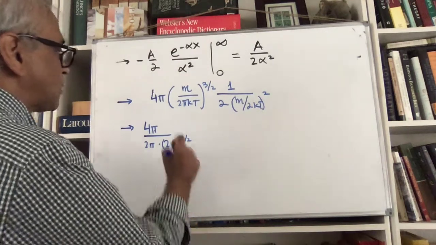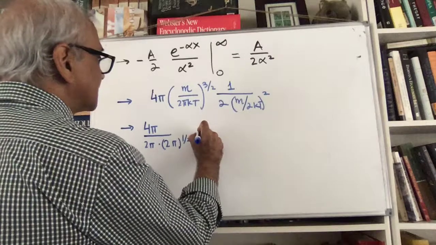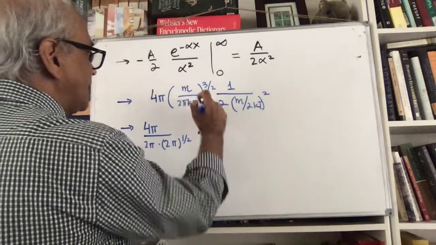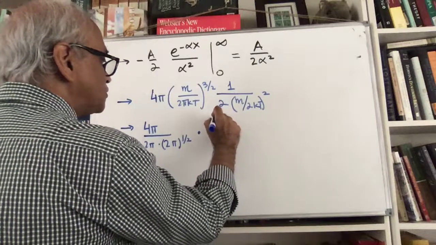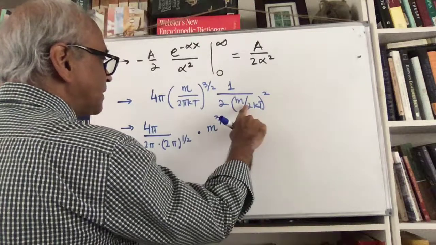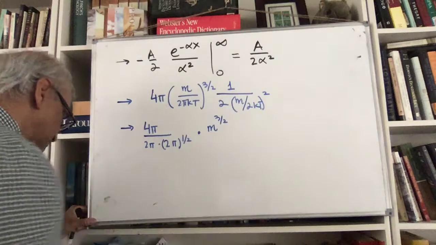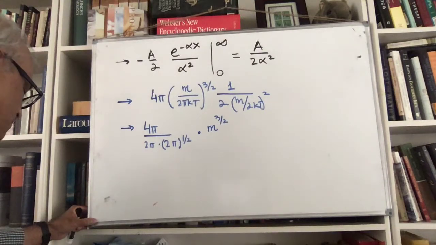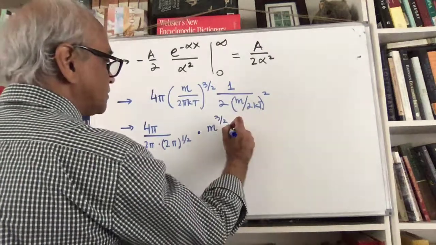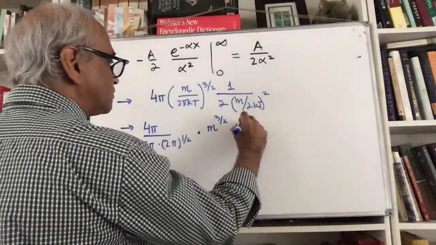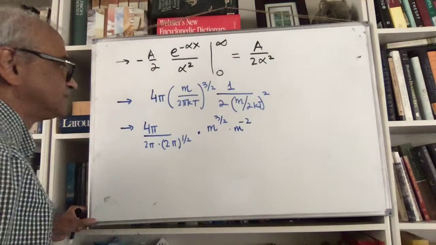All right, so then we have m over 3 over 2, but see there's an m square here, and I want to take that m square upstairs, so this would be m to the power minus 2 right there.